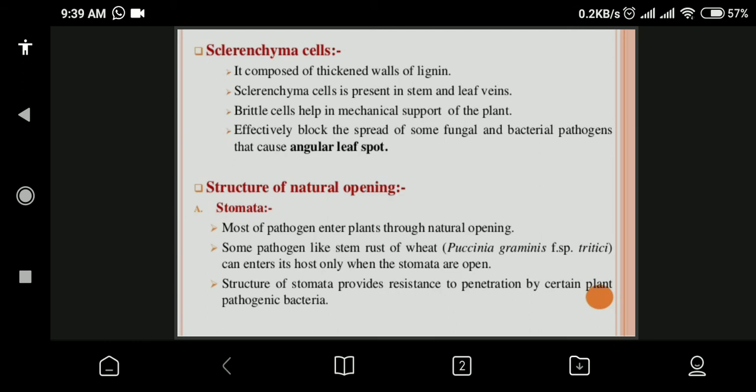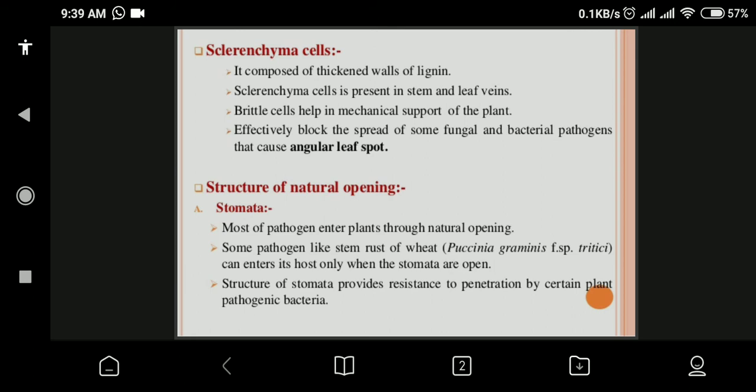Similarly, there are many natural openings. Some of these are stomata. Most pathogens enter plants through the natural openings, stomata. Some pathogens like rust of wheat, Puccinia graminis tritici, can enter the host only when the stomata are open.